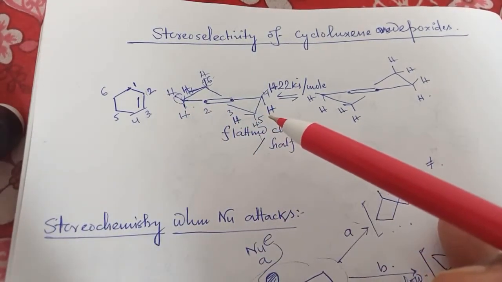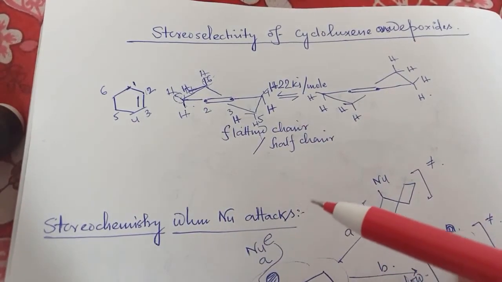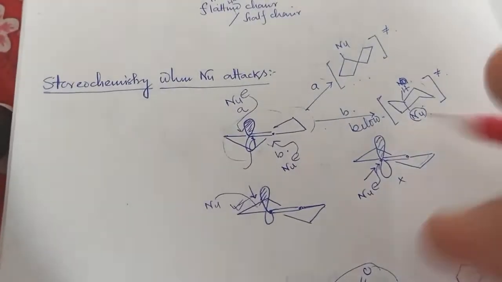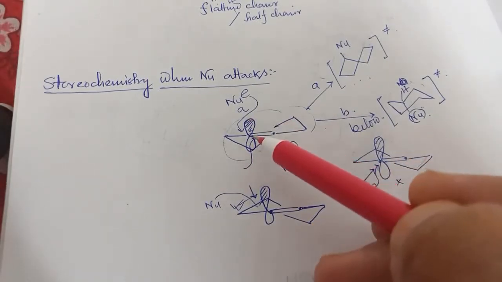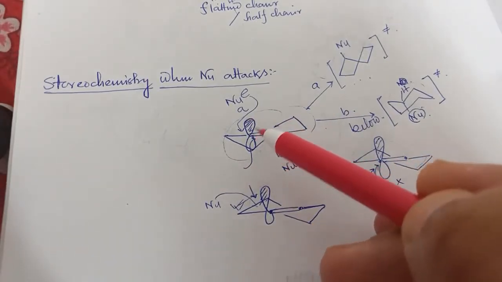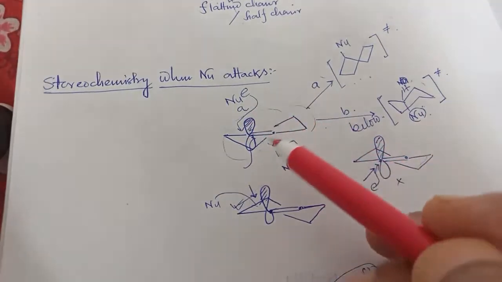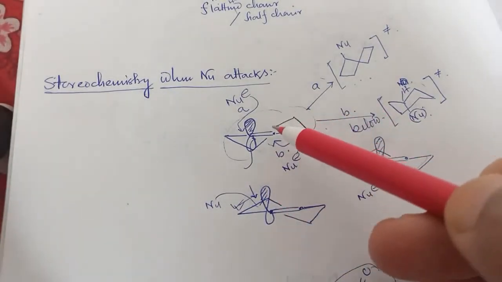Now coming to the point, when a nucleophile attacks, what is the stereochemistry? You can see here is a double bond, an sp2 carbon, where the nucleophile will attack the electrophile. I am approaching with the nucleophile. There are two paths.